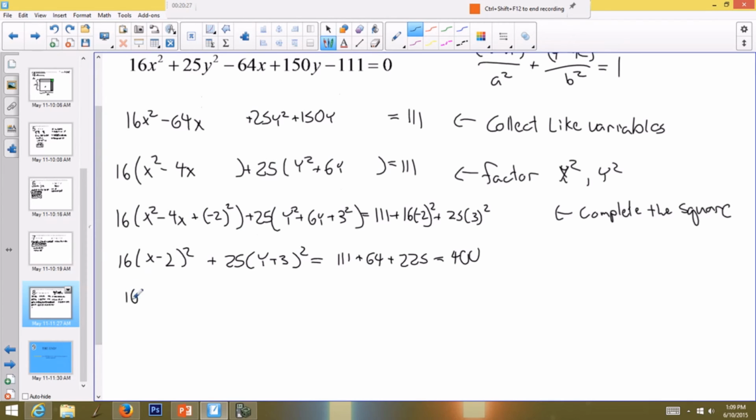So this is 16(x minus 2) squared plus 25(y plus 3) squared equals 400.